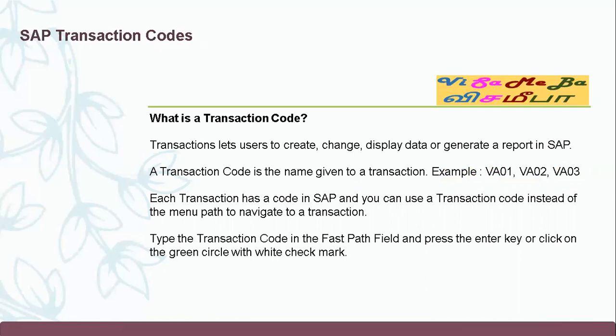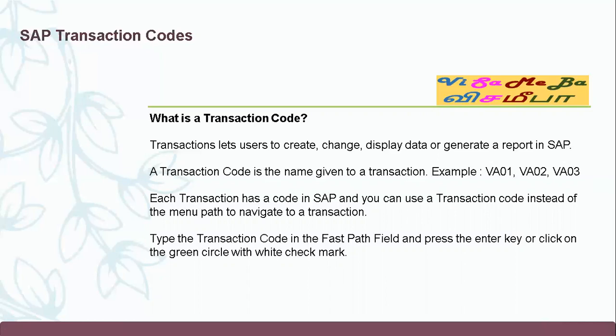Either you can go through the menu and save the document, or you can just press Control S. In the same way, an activity in SAP can be reached via the menu of SAP, or just by typing the shortcut nickname, and that is known as a transaction code. For example, VA01, VA02, VA03 are some of the transaction codes.